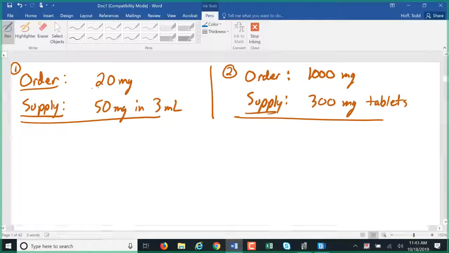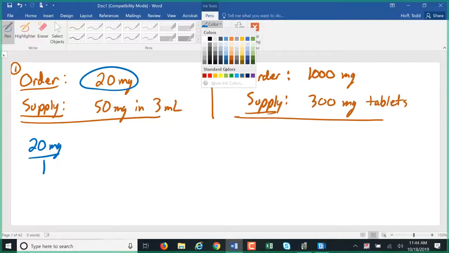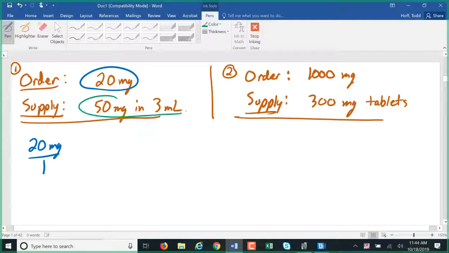So our doctor's order for the first one is 20 milligrams. 20 milligrams over 1. And again, we use the supply as an equivalency, a conversion factor. We have to get rid of milligrams, so we'll put milligrams on the bottom. And that supply is telling me that 50 milligrams is equivalent to 3 milliliters.